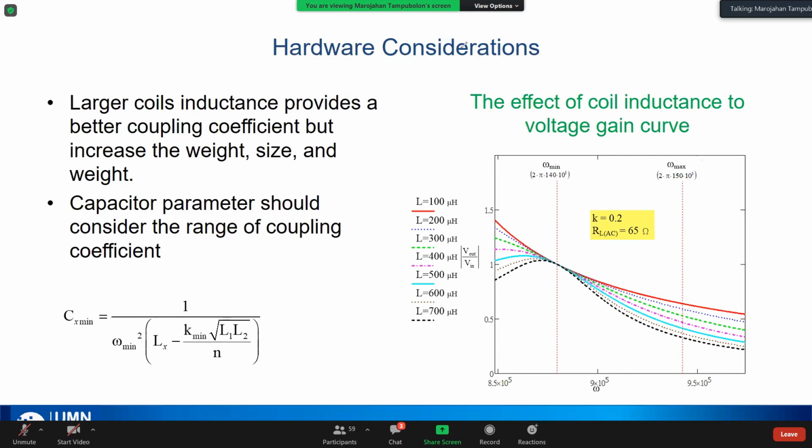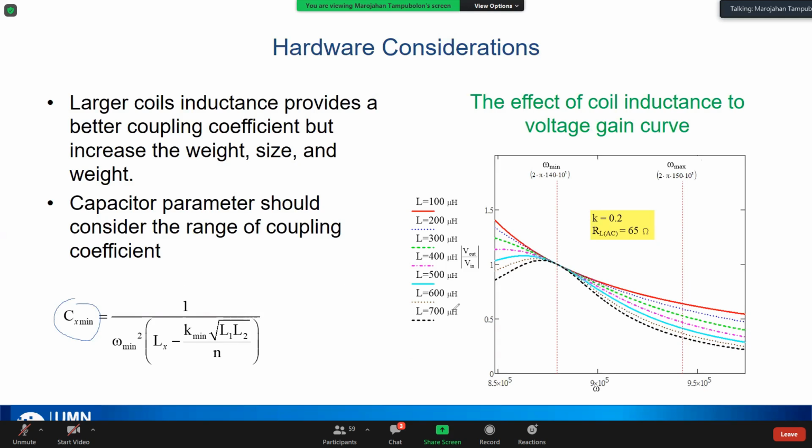In this example, we choose the capacitor as the fixed parameter, because the capacitor value is usually fixed from the market, so we cannot easily change it, compared to the coupler that we can easily change by reducing or increasing the wire length.